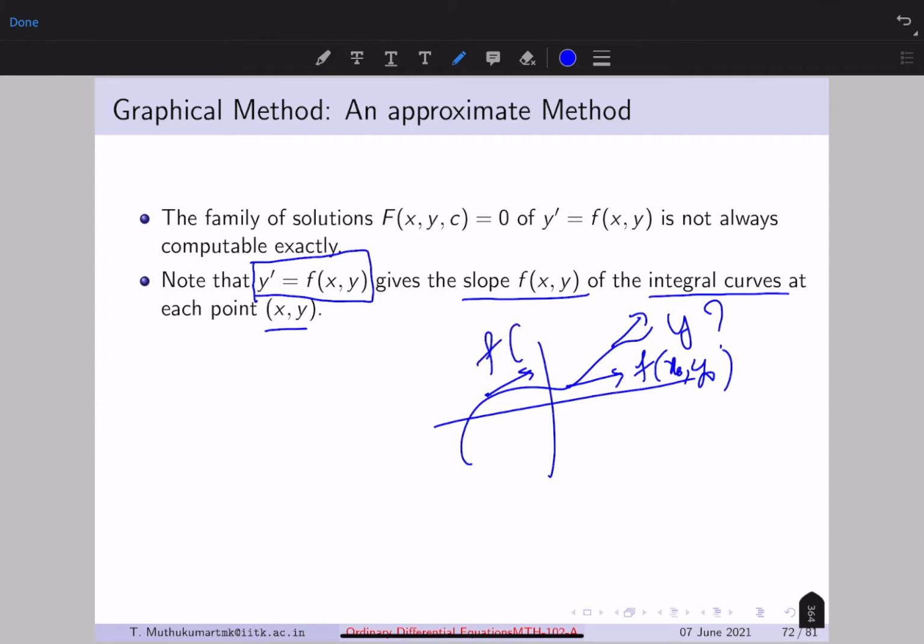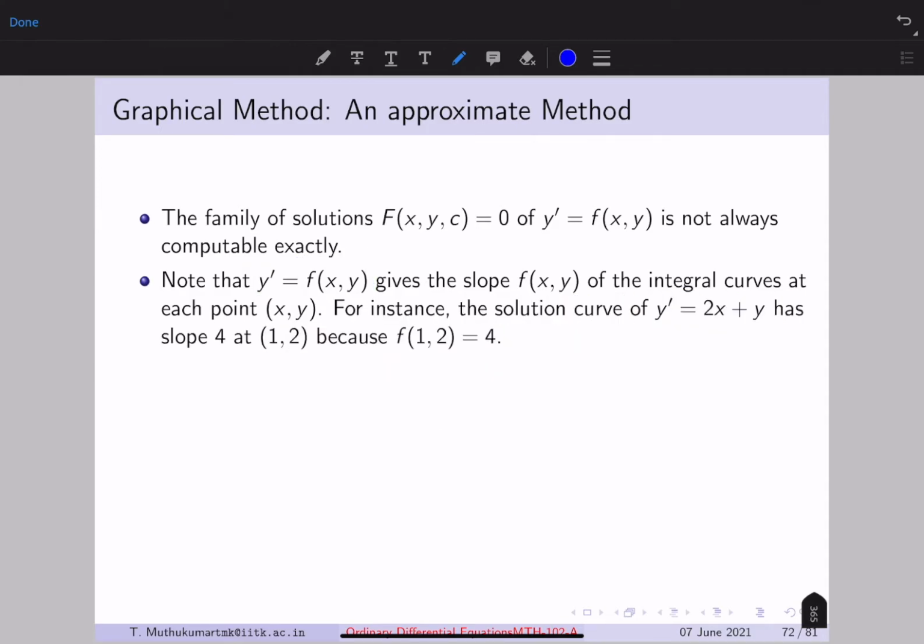If this is some other point (x1, y1), it's f(x1, y1). Similarly, if this point is (x2, y2), it's f(x2, y2). So at every point, what you know is the slope of the tangent, and using that you need to find the curve. That's what this first order differential equation is about.